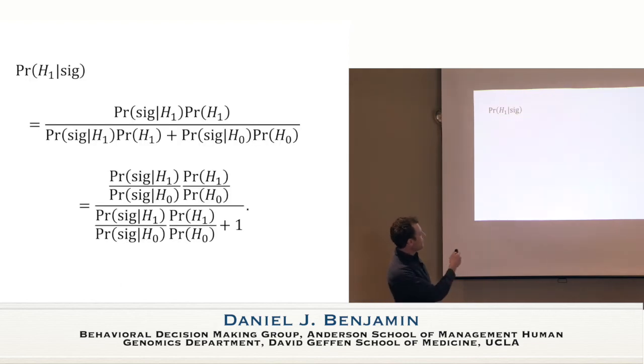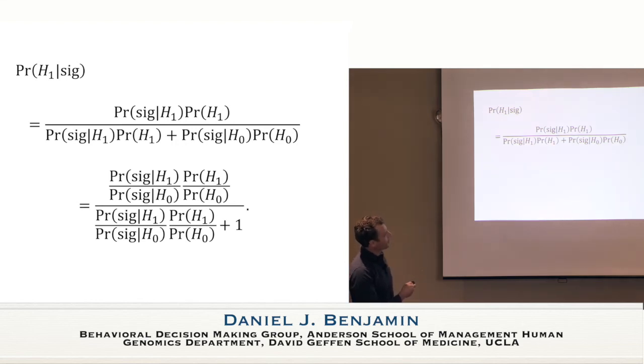Okay, so using Bayes' rule, the probability that there really is an effect given that there's a significant result, using the formula from before, is the probability of a significant result given that there really is an effect, times the prior probability of an effect, and then the same thing in the denominator plus the probability of a significant result given that the null hypothesis is true, that there's no effect, times the probability that there was really no effect.